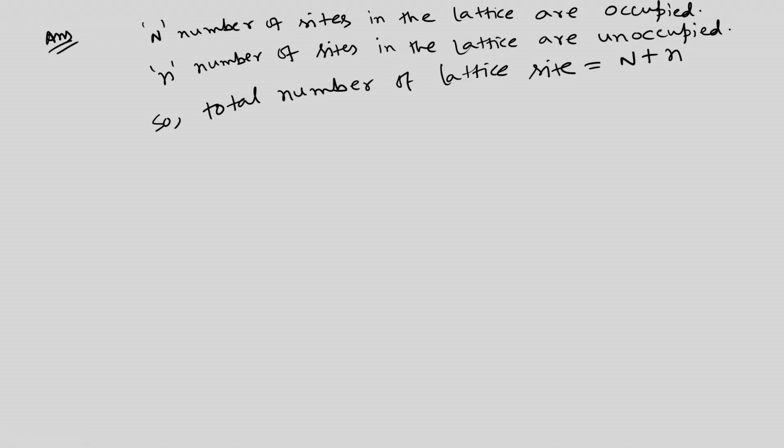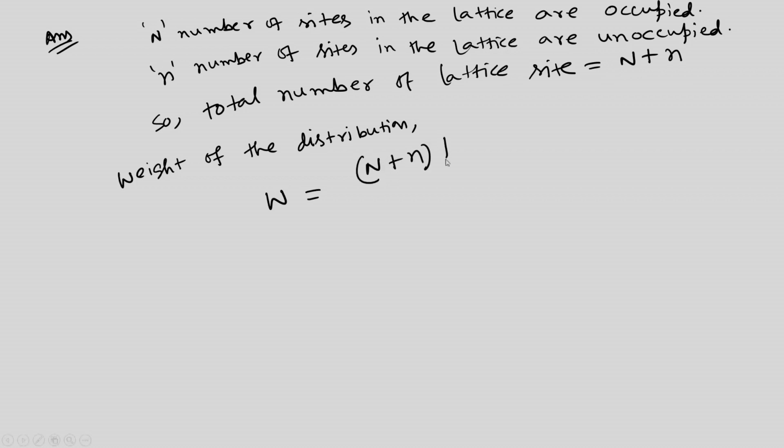Okay. So, if we call the weight of the distribution W, then the weight of the distribution is (N plus n) factorial by N factorial and n factorial.